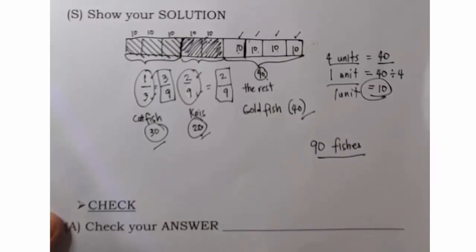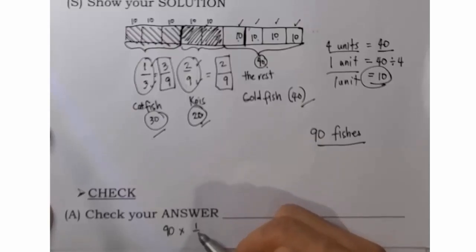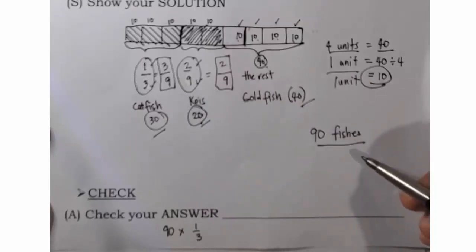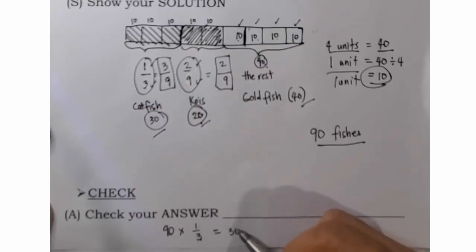However, we need to check if our answer is correct or not. So all we have to do is take 1/3 of 90. When I say 1/3 of 90, 90 divided by 3, that is equal to 30 times 1, that is equal to 30.